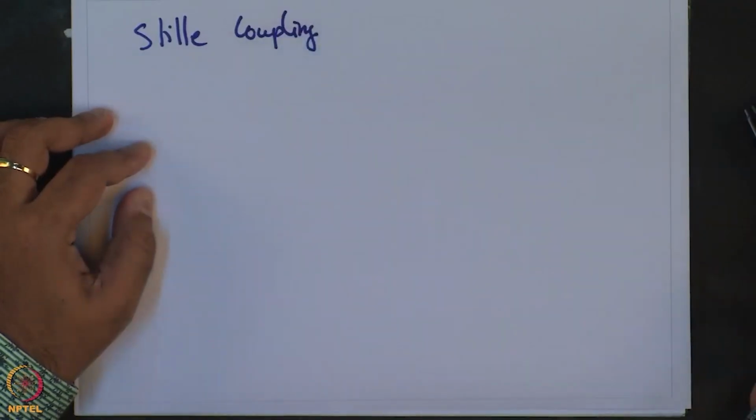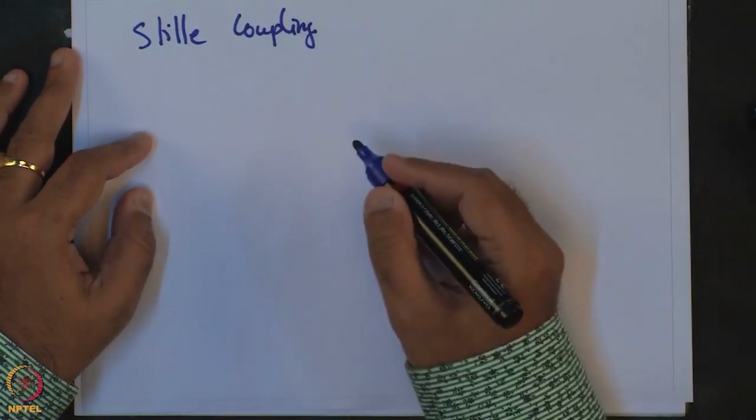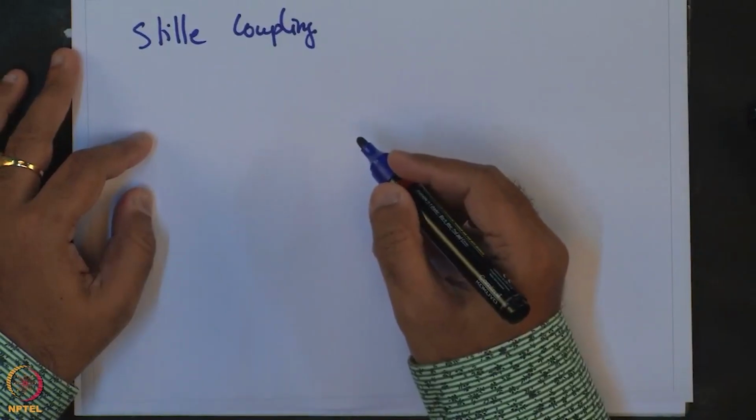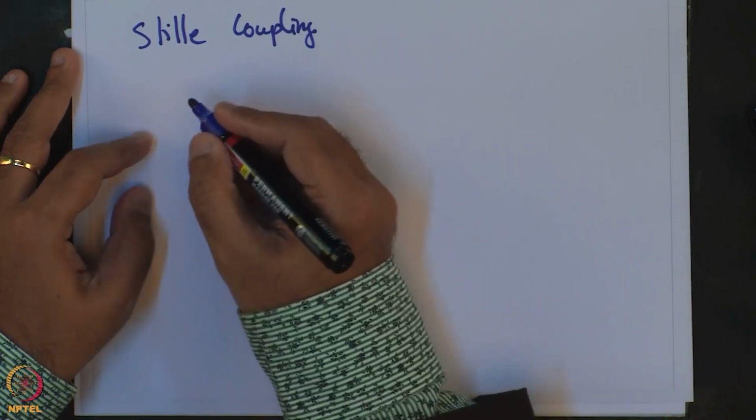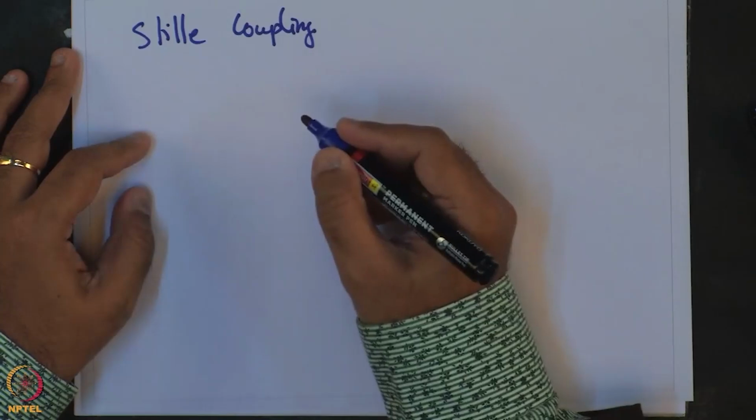In the Stille coupling, tin organyls are used, and these are mixed substituted tin organyls which are used for Stille coupling. So these are organyl compounds of tin, but they may have more than one kind of ligand.